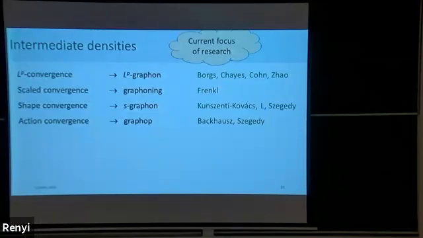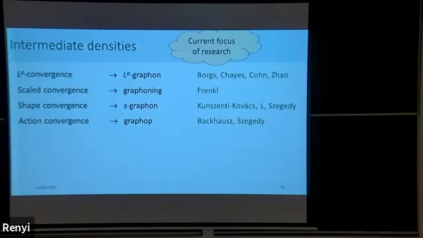I will not describe this in detail. Then there were several attempts at some kind of convergence. I call it scaled convergence, by Péter Frenkel, and the limit objects he calls graphings. There are two other notions of convergence, shape convergence and action convergence. Balázs Szegedy was involved in developing both of them, and they have appropriate limit objects called S-graphons and graphops.